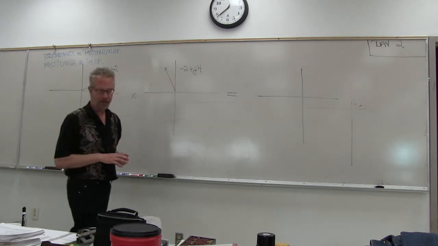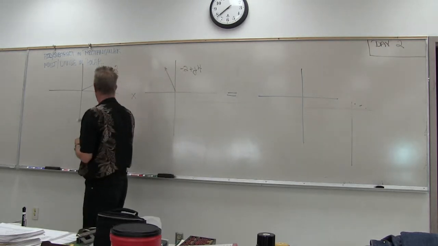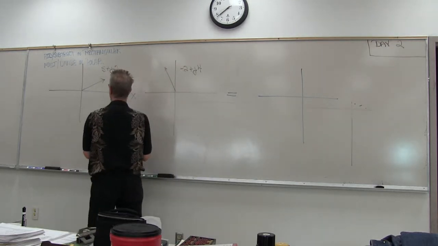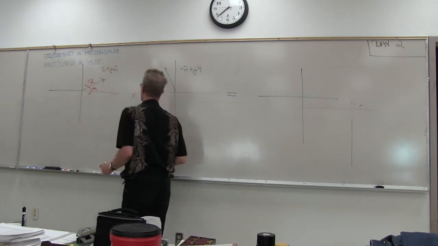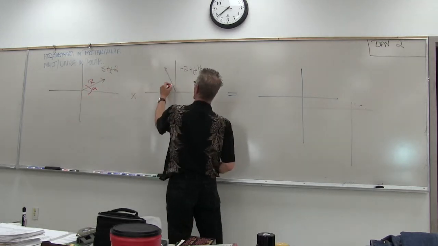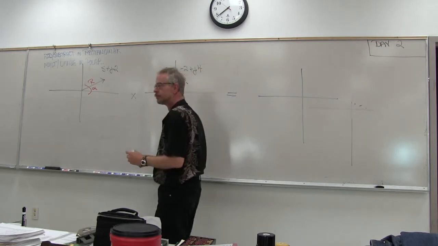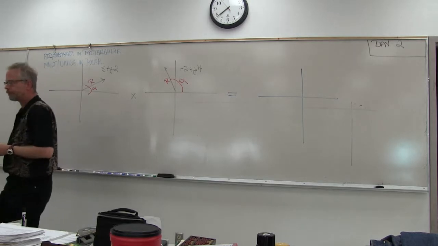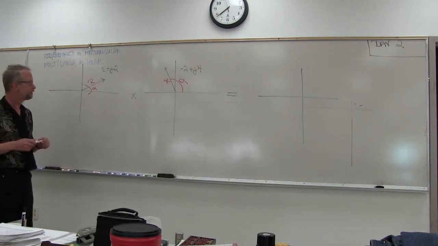So the first thing we need to do out of the gate is convert these to a radius at an angle. I gave you some formulas yesterday to do that.